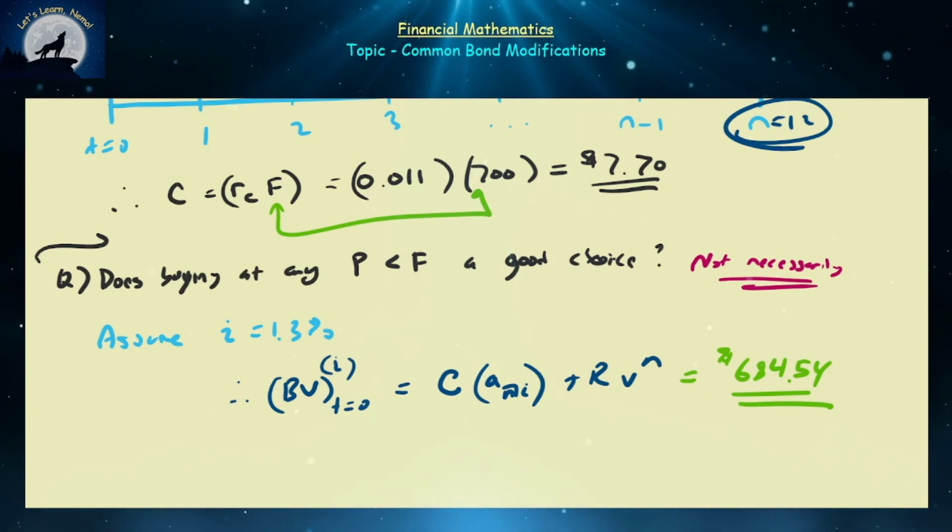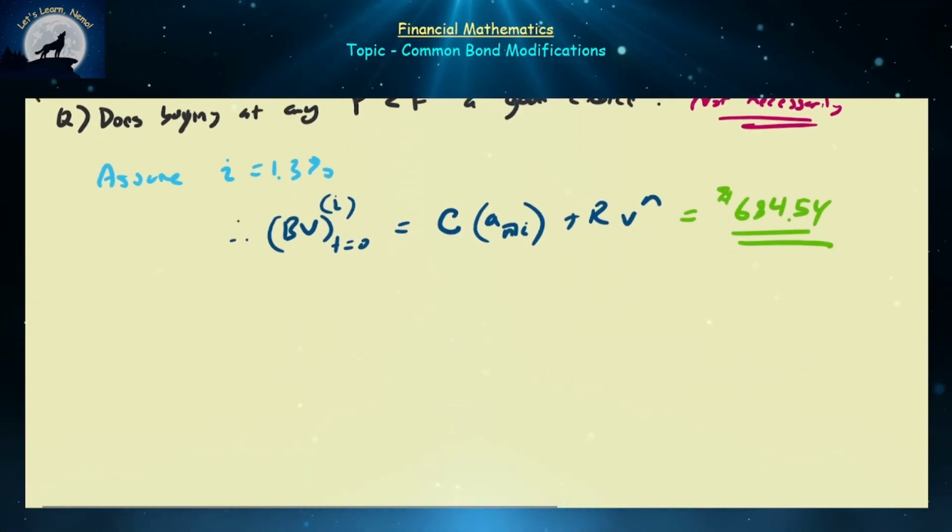Because keep in mind, if you buy at $100, you have that $584.54 as an unrealized gain for your financial product. So as long as we buy less than $684.54 and these interest rates stay fixed and nothing unexpected happens, then that should be okay.